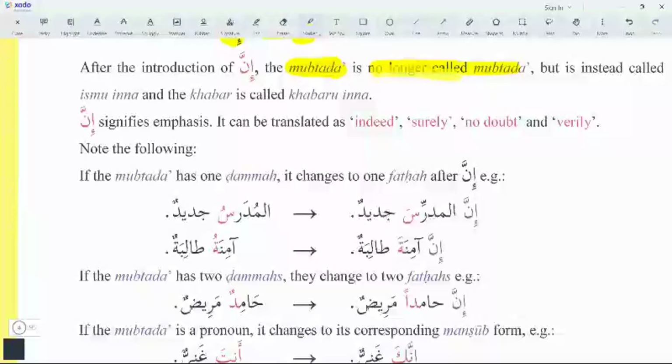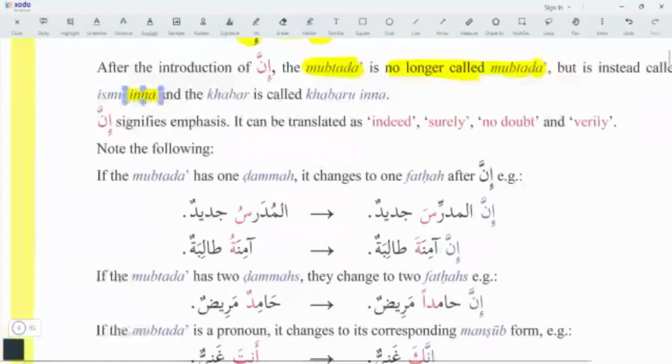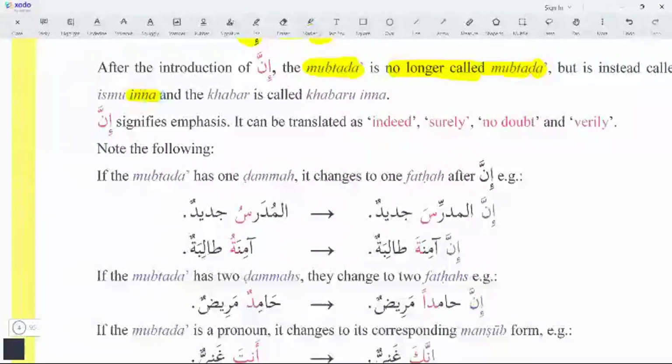It will no longer be mubtada, but is instead called ismu inna. And the khabar will be no more khabar. Khabar will be khabru inna.